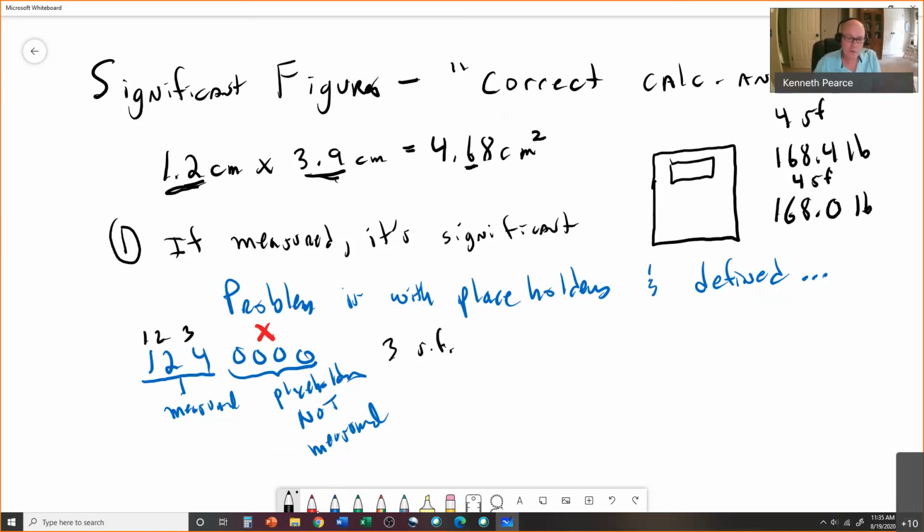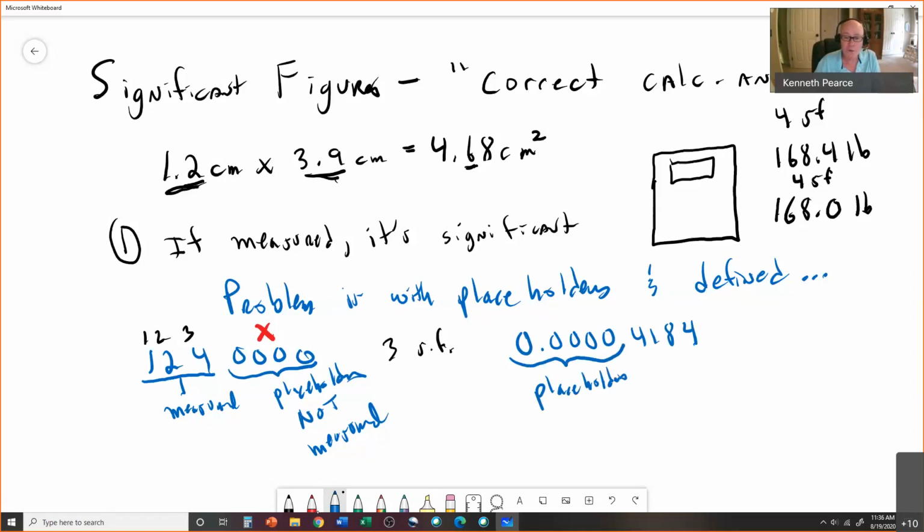And similarly, if you take a look at a very small number, let's say we have this small number right here. Well, similarly, these are just telling you how small. These are placeholders. They're not measured. You don't measure the placeholders. They just tell you it's a small number.